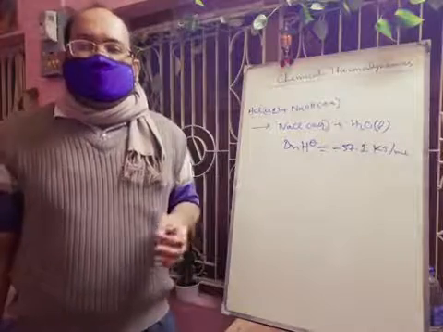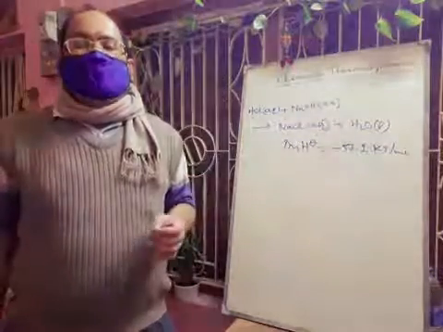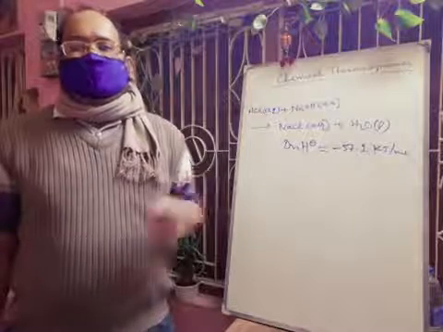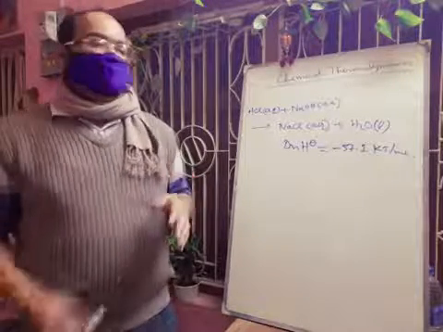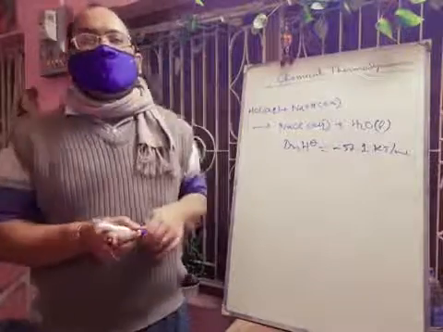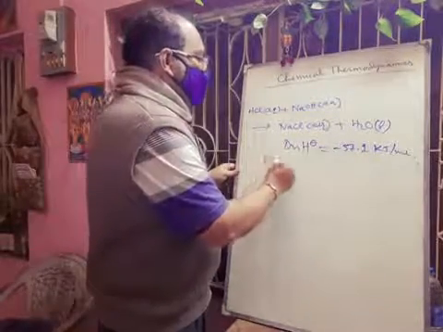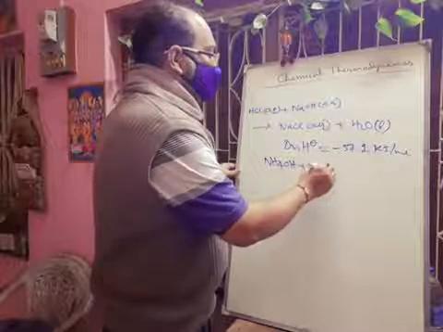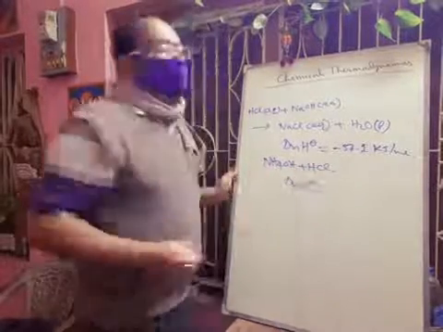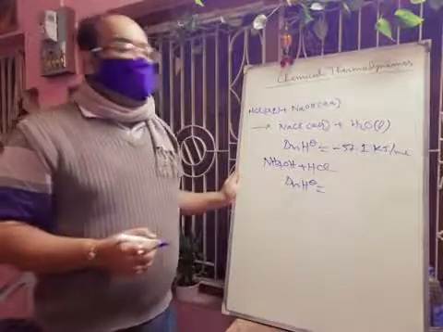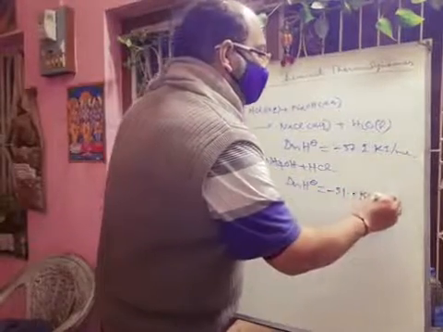But the heat of neutralization of ammonium hydroxide, a weak base, and HCl, a strong acid, will be minus 51.5 kilojoule. So I am talking about NH4OH and HCl neutralization. In this case the ΔnH° value will be somewhat less, around minus 51.5 kilojoule per mole.